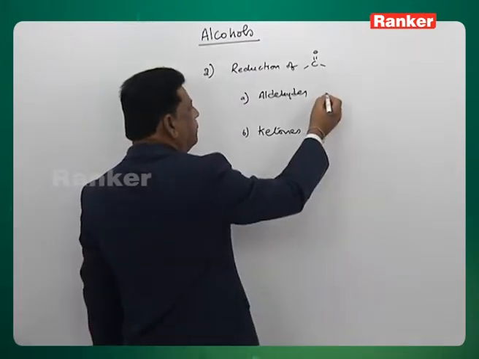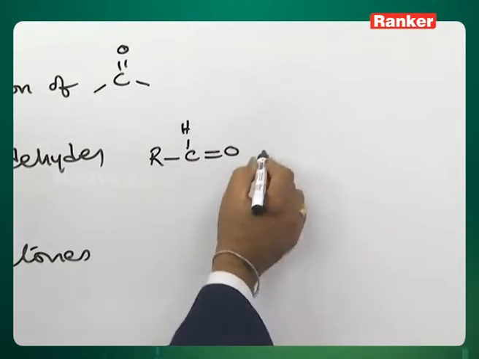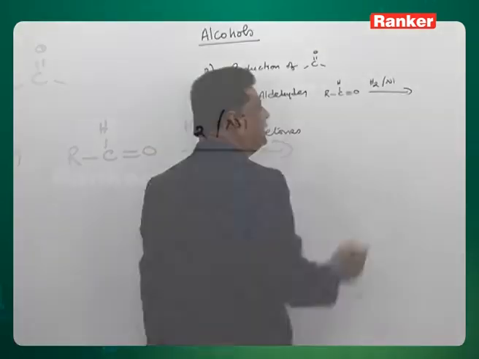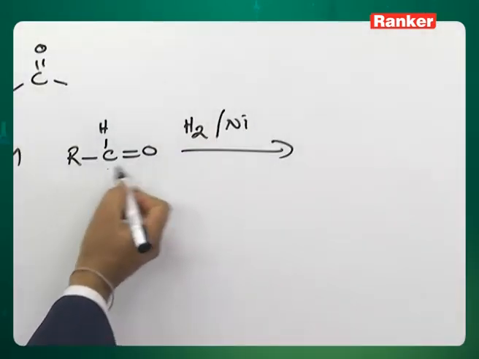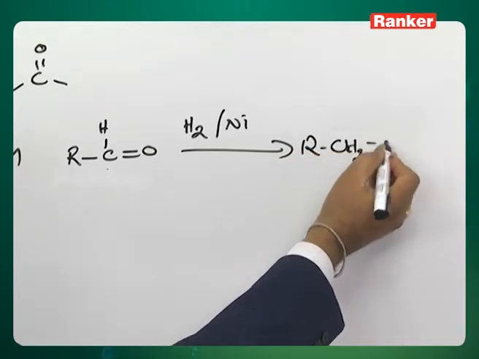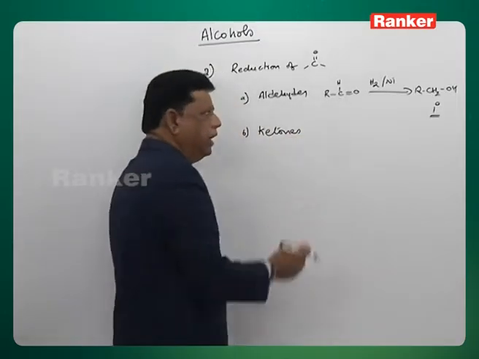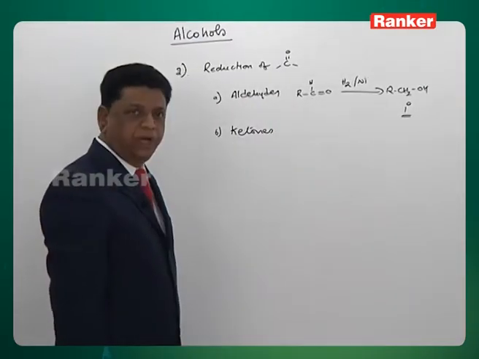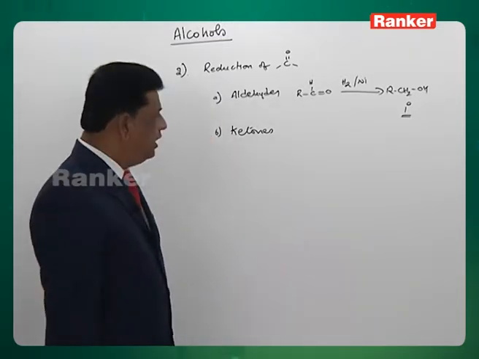Any aldehyde, starting from formaldehyde, you can take and reduce it. The simplest reduction uses hydrogen and a catalyst like nickel. It is an addition reaction, one H is added to each side and the compound becomes a 1 degree alcohol. You can make a note: all aldehydes on reduction give 1 degree alcohols.